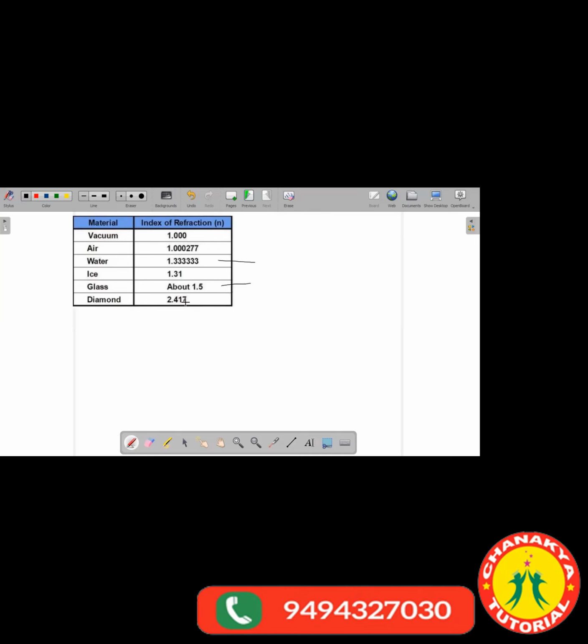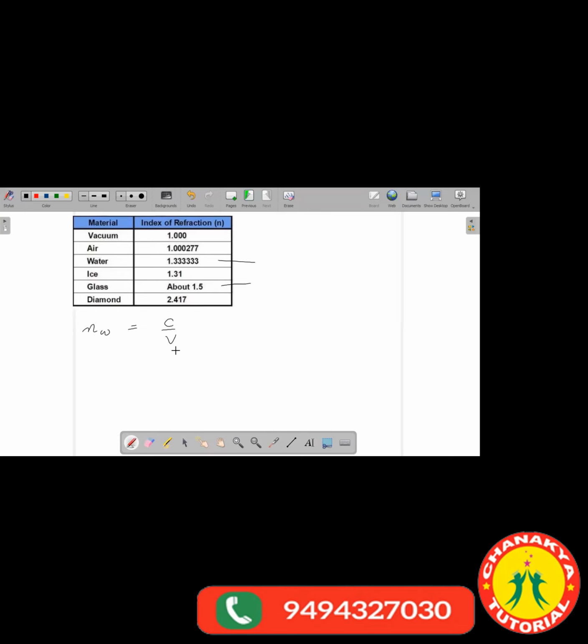So your refractive index tells you that the speed of light in that medium would be 1 over this times the speed of light in vacuum. Suppose I want to find the refractive index of water. I put refractive index of water equal to C over V, where C represents the speed of light in vacuum and V represents the speed of light in water.